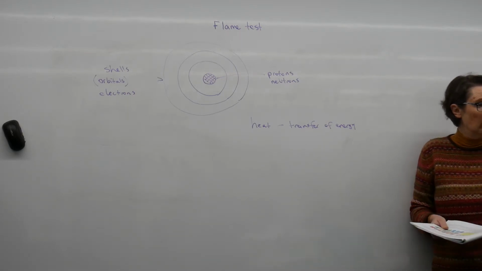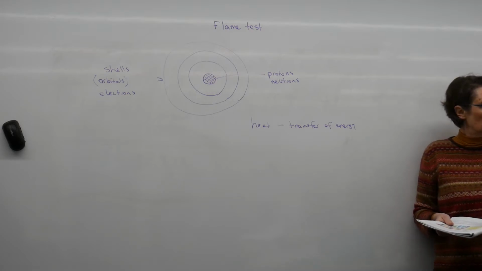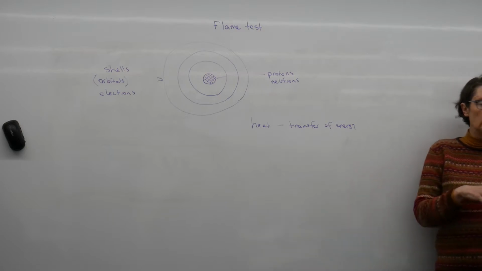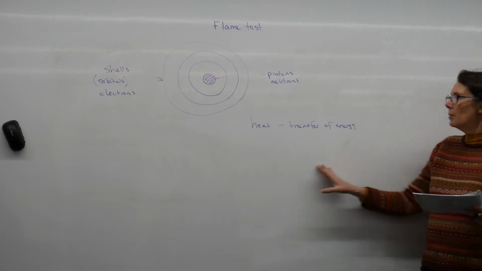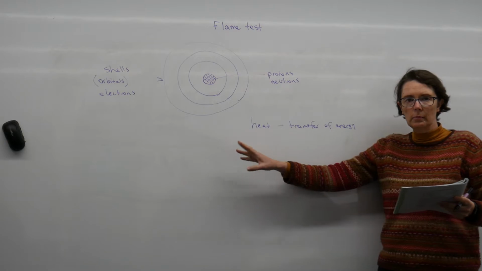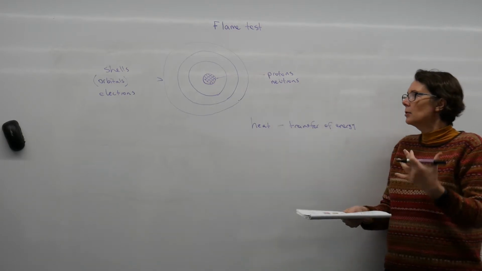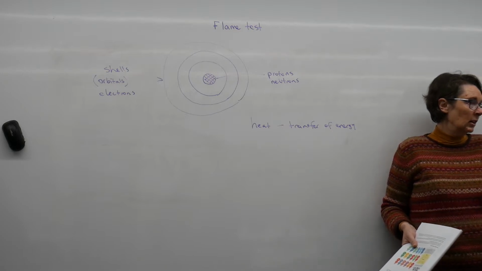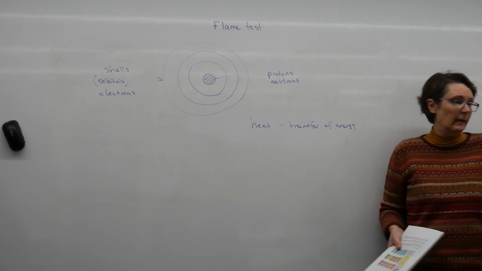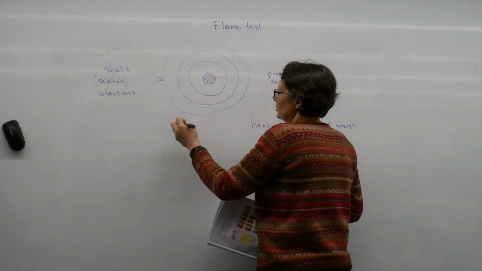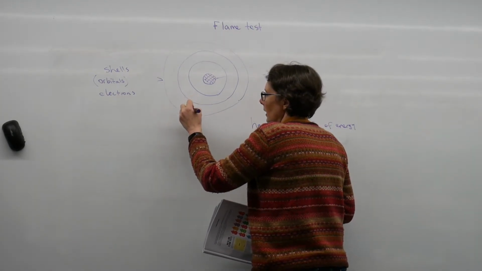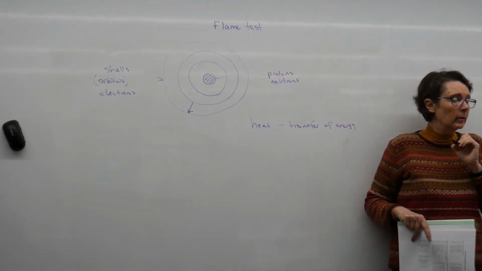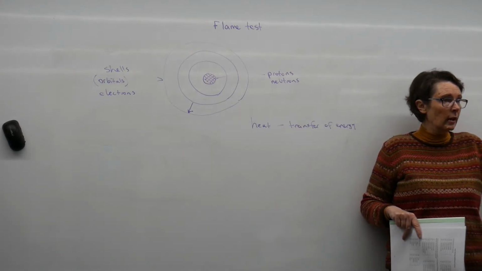We can't make energy and we can't destroy it, but we can move it from one place to another. And so when we heat something, we're moving energy into the metal ion, and the way that the metal ion responds to that energy is it excites its electrons. Okay? The electrons get really excited, and that allows them to jump up to a higher energy level.